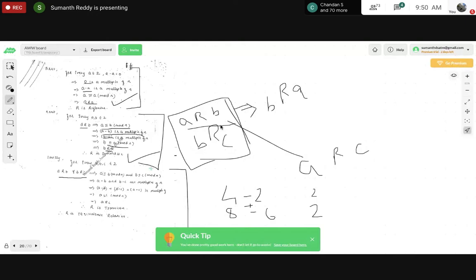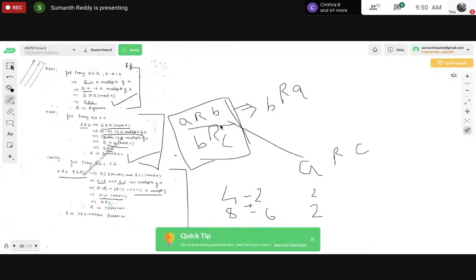Okay, so based on this property, what I will do is A minus B plus B minus C, I'll just add this. Obviously, it will also be a multiple of n. Okay, so after addition, I'll just simplify this. So minus B plus B will get cancelled. So finally, I will get A minus C. And if A minus C is a multiple of n, again convert it back into the congruent modulo definition. So this can be written as A is congruent to C mod n.